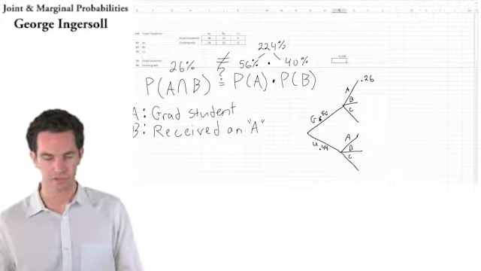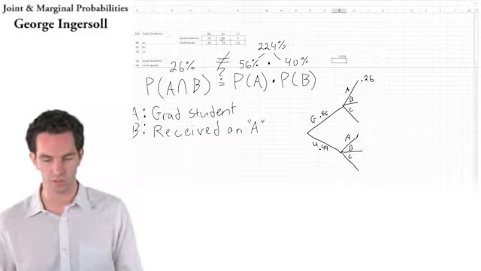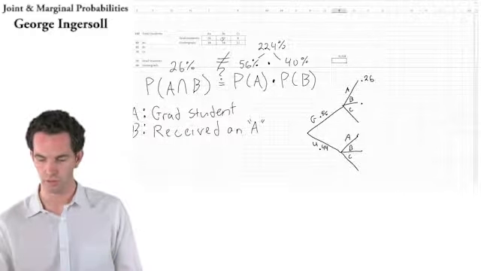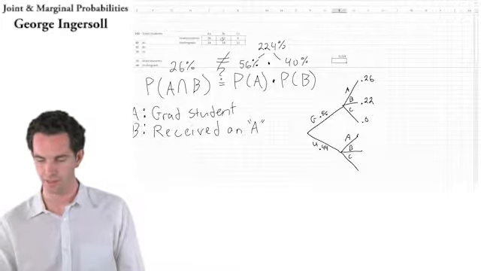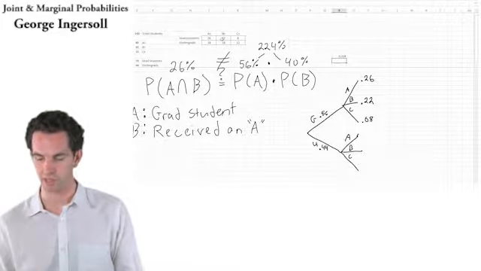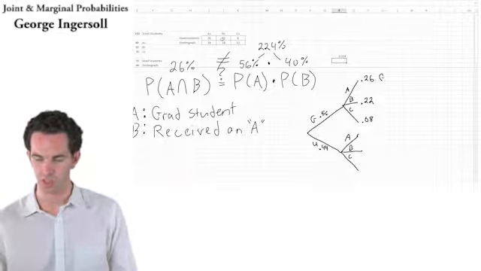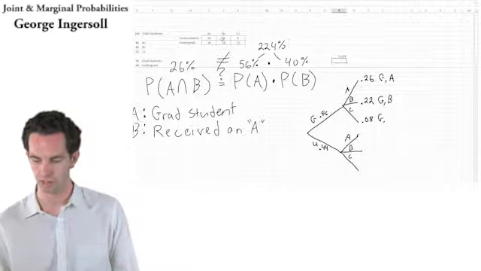And 22 were graduates and earned a B. And 8 were graduates and earned a C. So this is GA, GB, and GC.